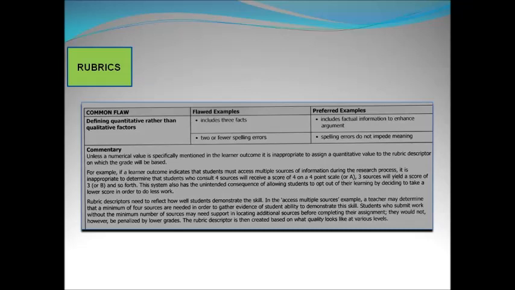If I'm looking for facts, you could include all kinds of facts and it could be completely beside the point. Facts only really matter insofar as they relate to the development of an argument. Otherwise, why include them? Same with spelling errors. Some spelling errors are little teeny things that don't get in the way of the meaning. Other ones are really bad. So when you make your rubrics, try to keep that in mind. That's more important.